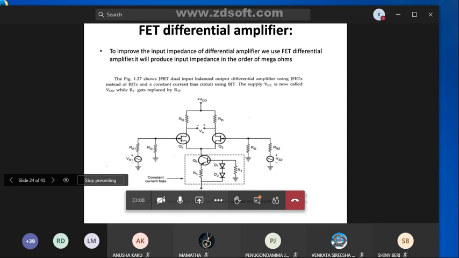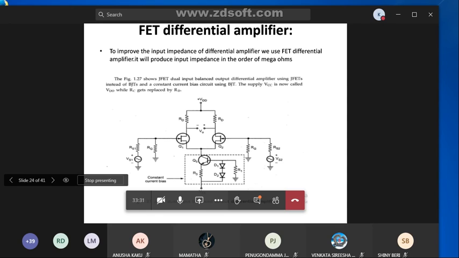If you take the differences between BJT and FET, BJT has high gain compared to FET, but the FET has high input impedance compared to BJT. So to get higher input impedances in terms of mega ohms, we are using the FET differential amplifier.